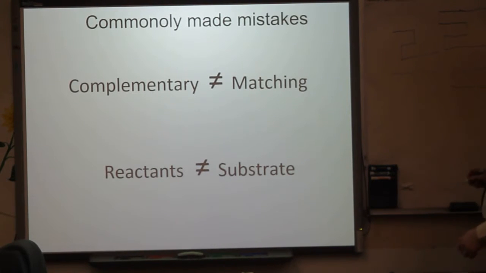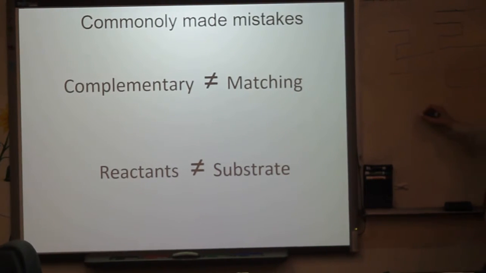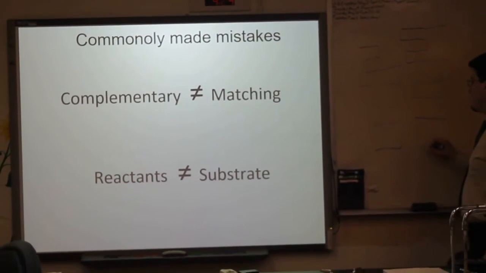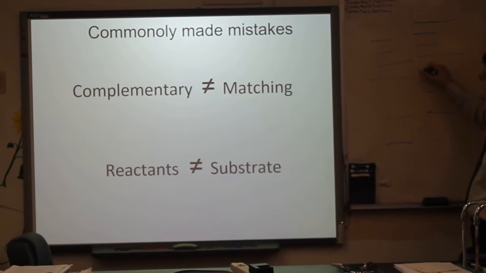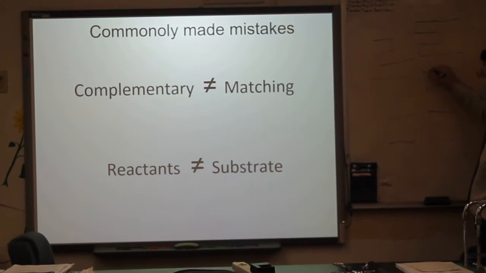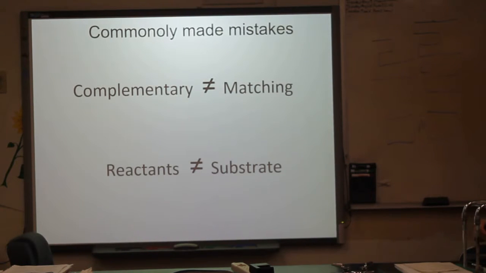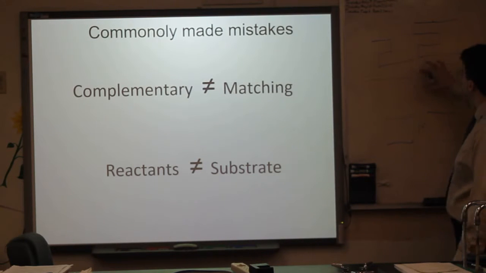That would be complementary. They do not match. Match would be if they were both squares. These match. These are complementary. So these are complementary, these are matching. All right? So this will fit inside of here. These match.